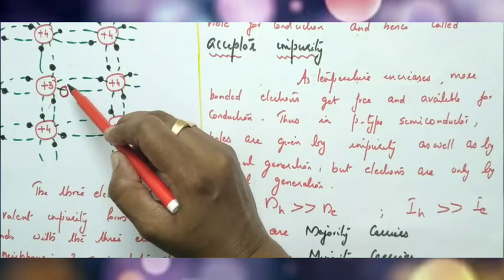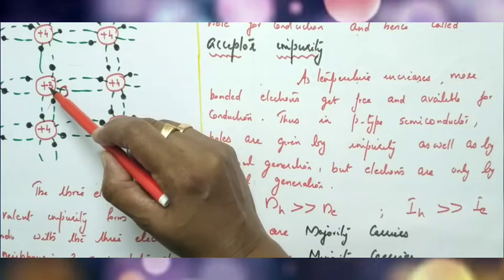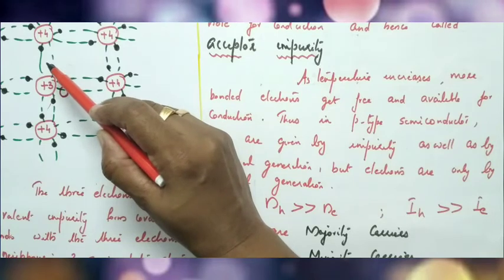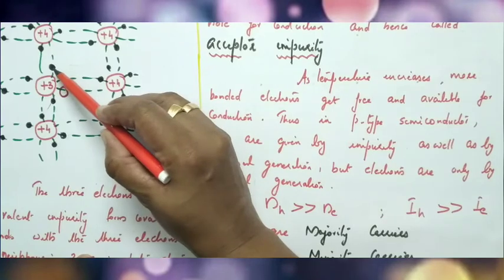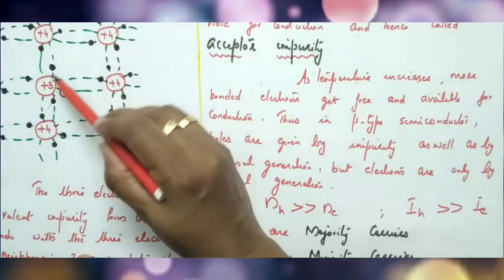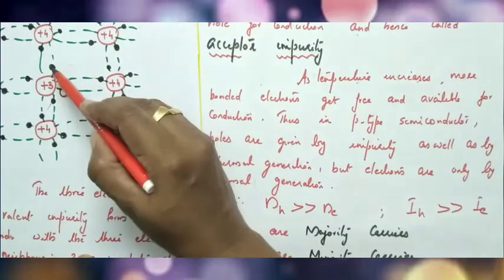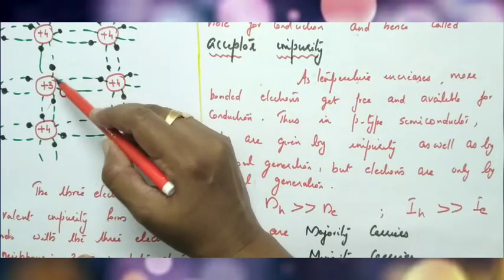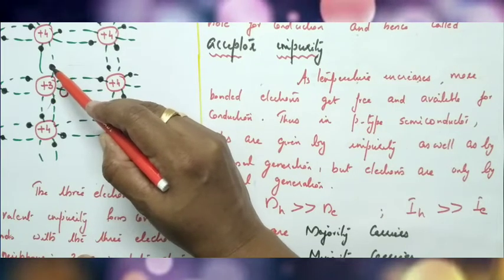How many holes are there? 2 holes: the hole given by the acceptor impurity as well as the hole produced by thermal generation. If a thermally generated electron gets free, a hole is produced there. So 1 hole is given by the impurity and 1 hole is from thermal generation.